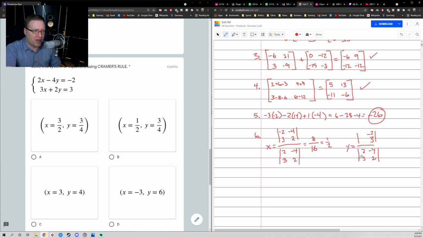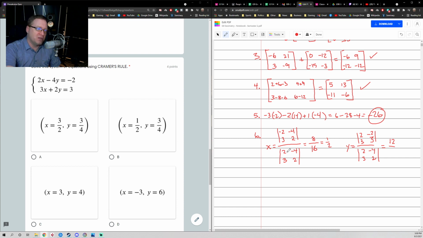And then the x column is going to stay the same, 2, 3. Okay, so what do we end up with here? 6 minus -6, right? Well, that's 6 plus 6, which is 12.